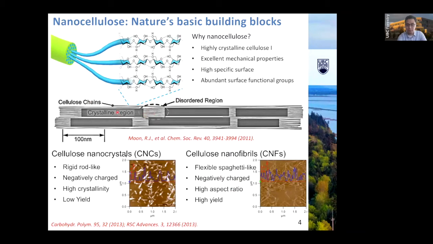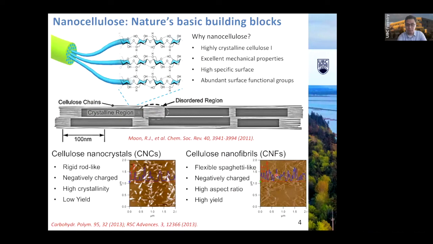Those nanocrystals are rod-like, with very high crystallinity, which can be over 90%. Another is if we break the interfiber hydrogen bonding while keeping the amorphous region, then we can get long flexible nanofibers. Those flexible nanofibers are very thin, a few nanometers in diameter, and have very high aspect ratios.